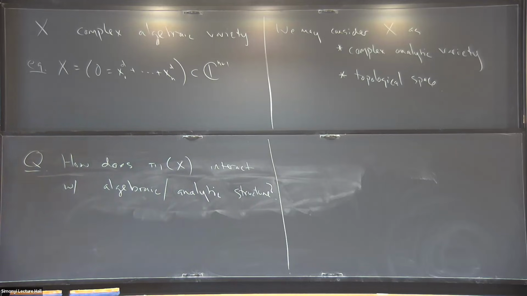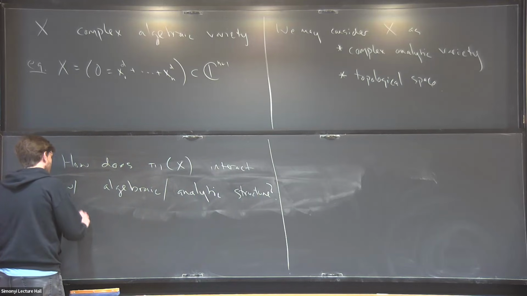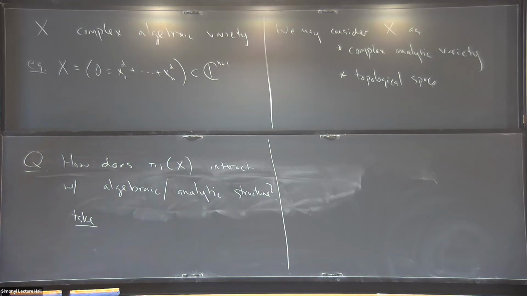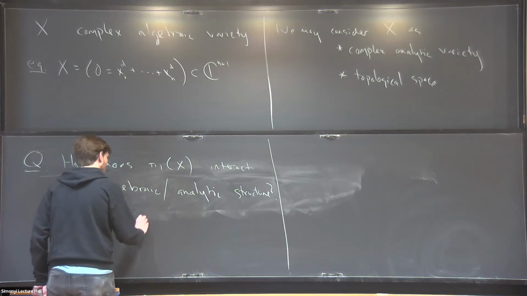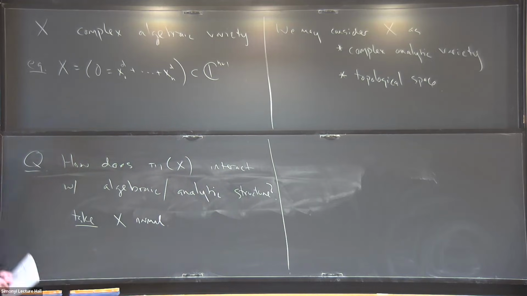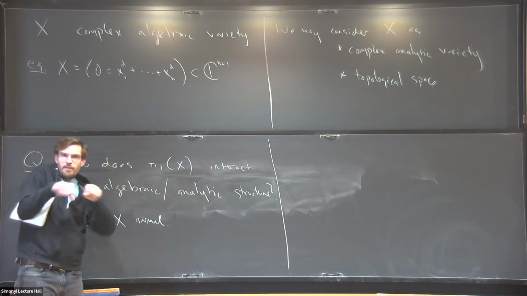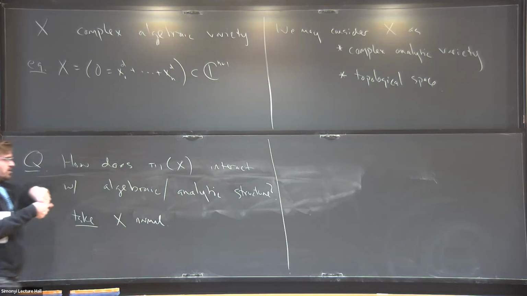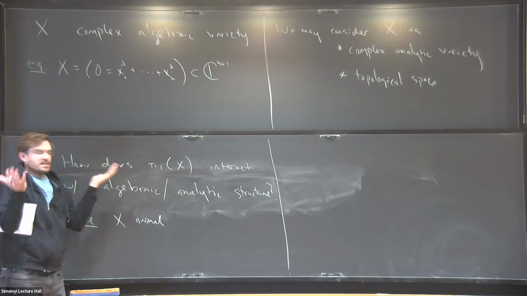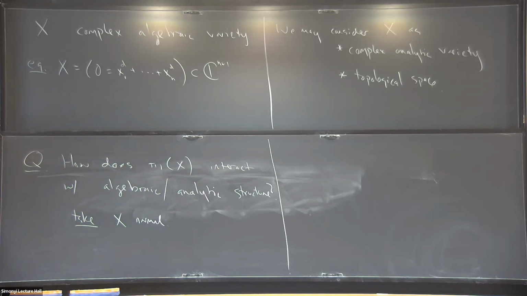I'll write down some more still vague but more precise questions in a second. I do want to point out that for this to be interesting, it is important to take X to be normal, which complex analytically means that it satisfies a version of Riemann extension: bounded holomorphic functions extend regularly. The reason is that if you allow arbitrary singularities, you can do arbitrary gluings. So the fundamental group will have some combinatorial part that just comes from those gluings, and you can basically get any fundamental group, and it doesn't interact with the algebraic structure as strongly.